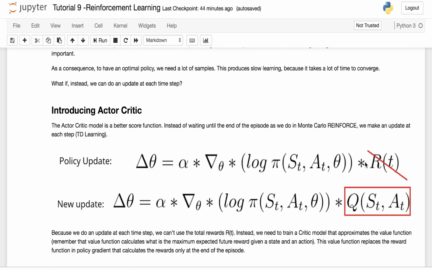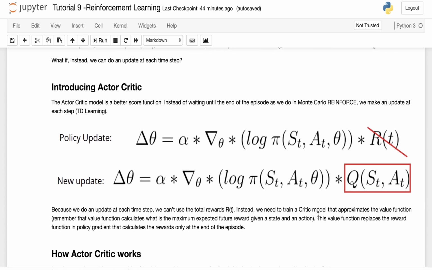So the policy update will be as follows. Rather than taking the reward at time t as we do in the REINFORCE algorithm, we take a function Q that is composed of the state and action of the current step. Much more like dynamic programming, where we update our policy based on whether we move to a better state at this time step, rather than waiting to see if the overall actions were good.